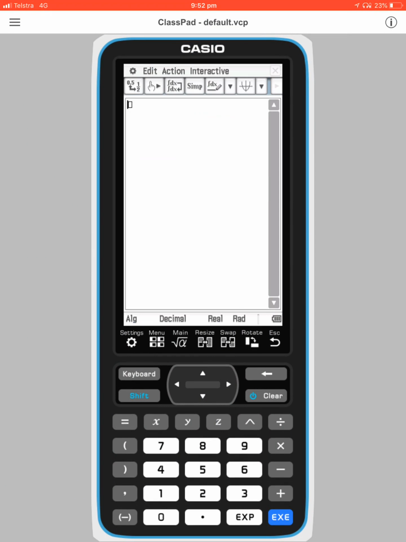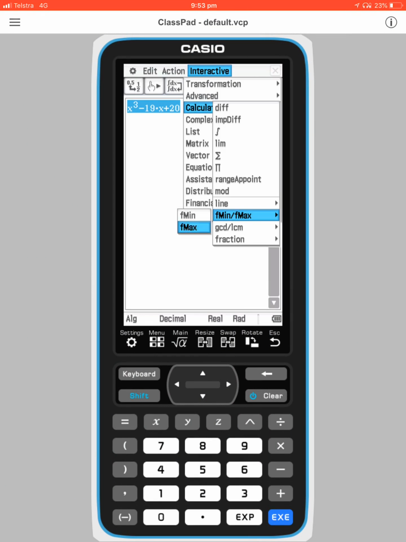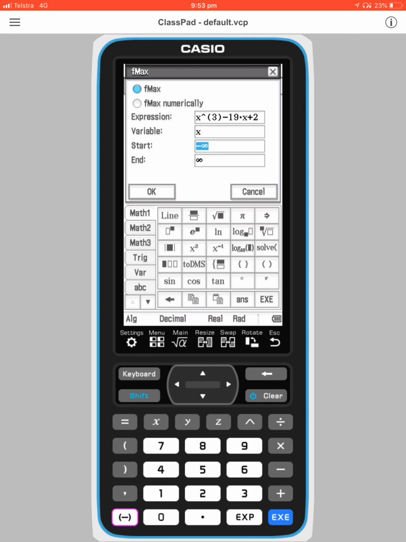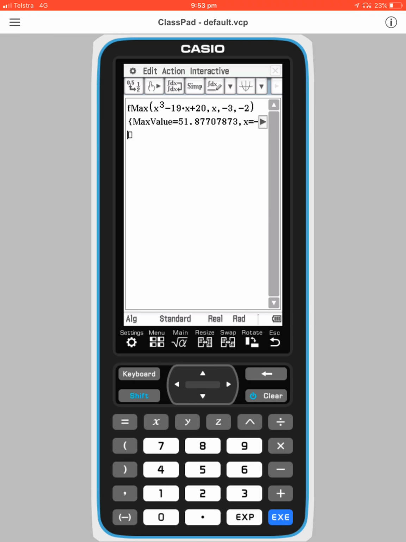Oh, because that was when I was trying to find intercepts. Okay, edit, paste, interactive calculation, max, fmax, and we know it was between -3 and -2, and it tells us that's our maximum value, and it occurs when x equals that.